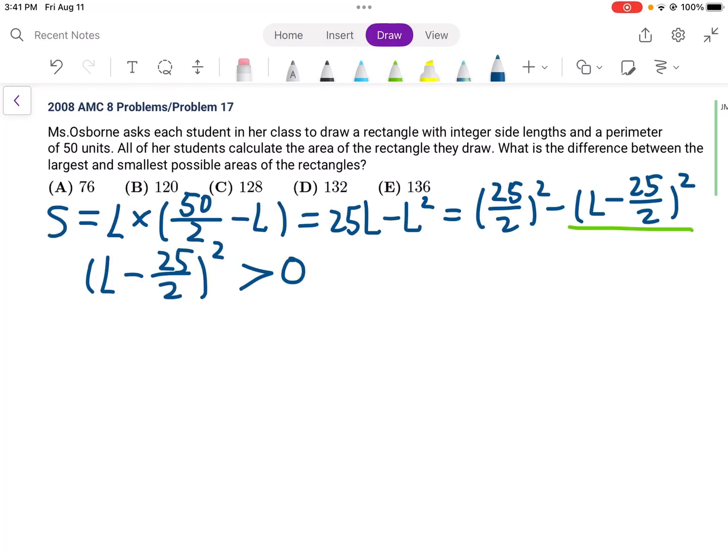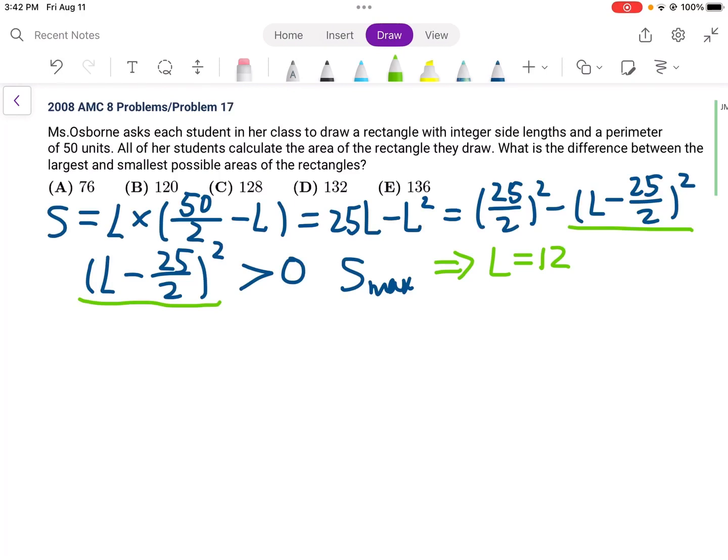So in this case, if we want S to be the maximum, then we should make this square as small as possible. Therefore, L should be as close as possible to 25 over 2. Therefore, in this case, we can get that L should be 12.